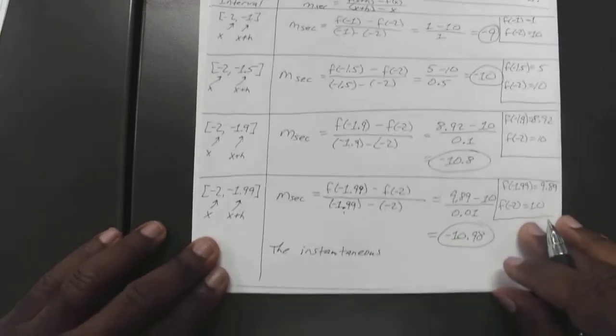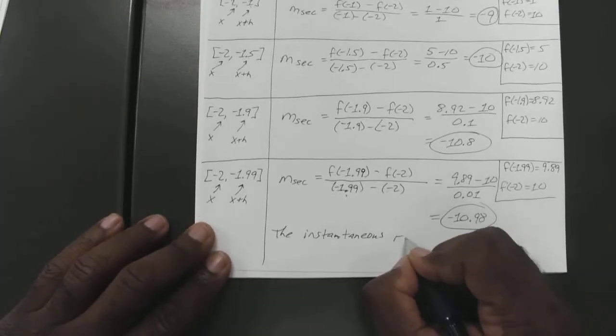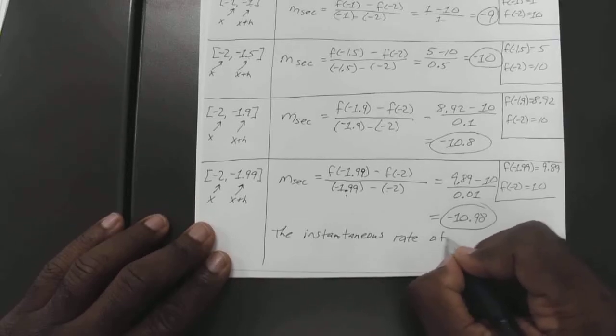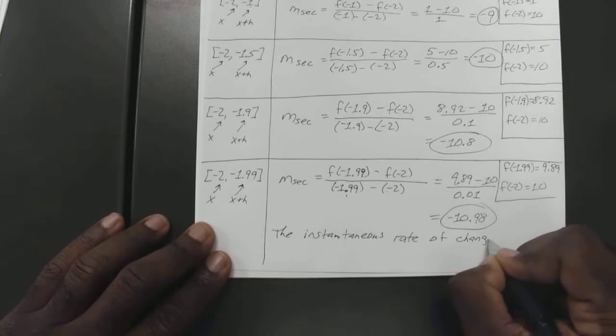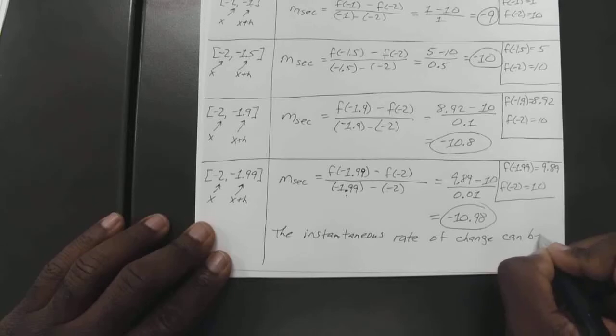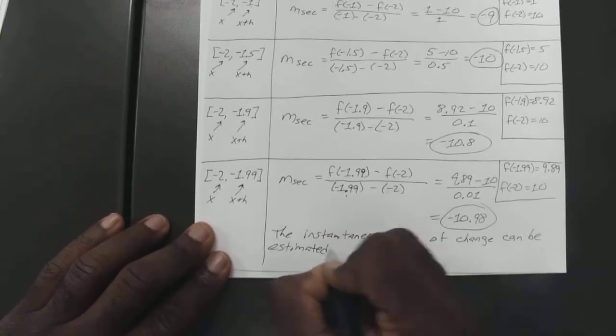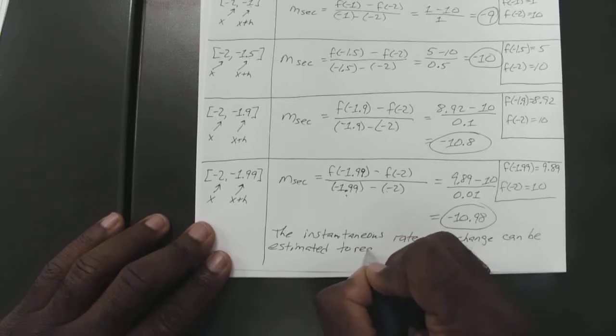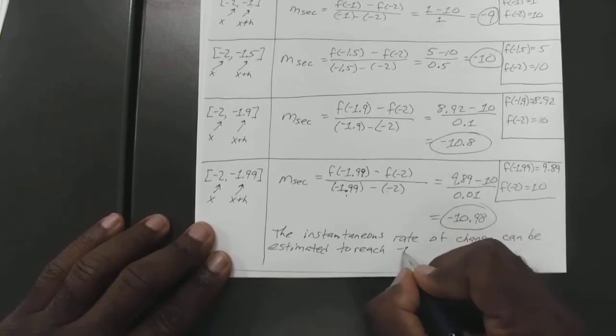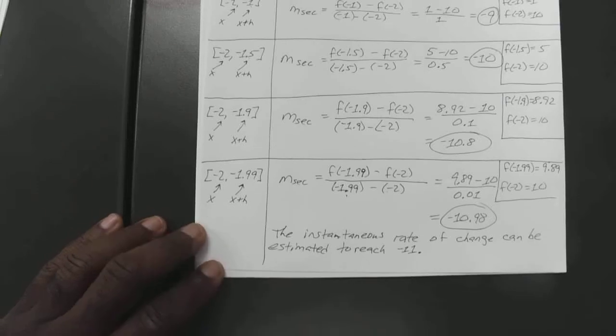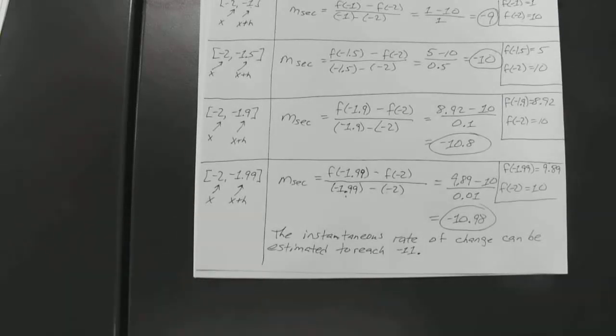So the instantaneous rate of change can be estimated to reach negative 11. It's kind of like limits, where you just find values a little bit closer, a little bit closer, a little bit closer.